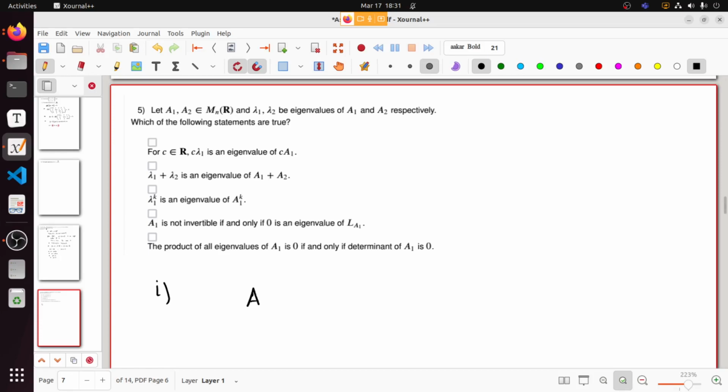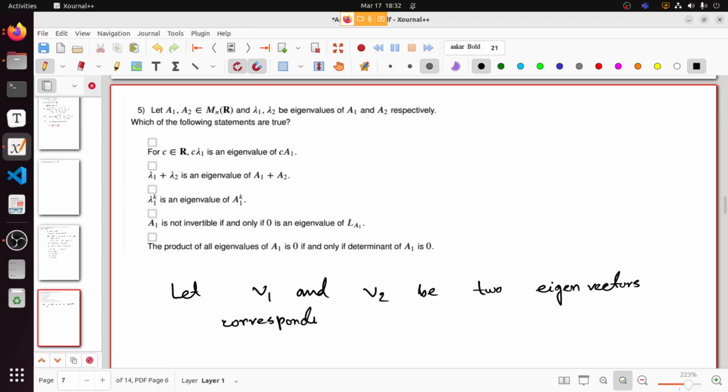So what is given? Suppose, let's first let B1 and B2 be the eigenvectors of A1 and A2 corresponding to the eigenvalues lambda 1 and lambda 2 respectively.